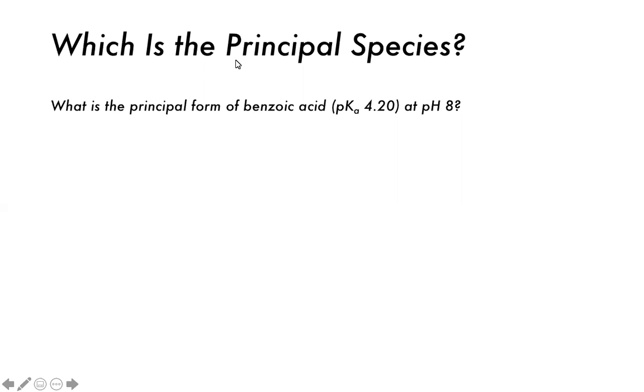So this is the idea of, if I know the pKa of an acid, and then I know what pH I'm working with, hopefully I should know what form the acid is in, or if it happens to be a base, what form the base is in. This is solely based on the comparison of the two numbers. It's not really involving a huge amount of calculation, really just a comparison of the two values.